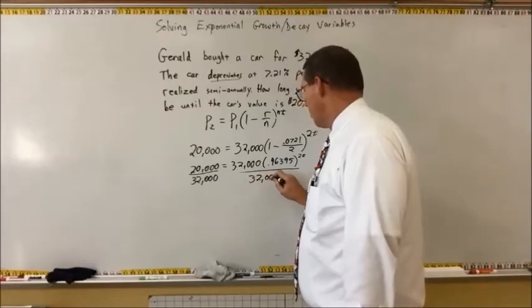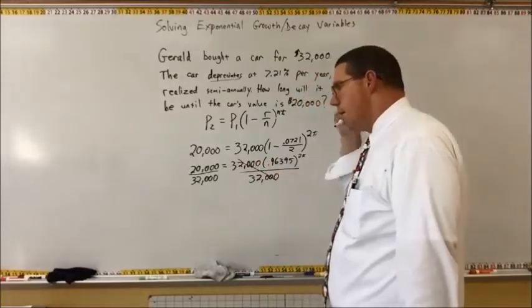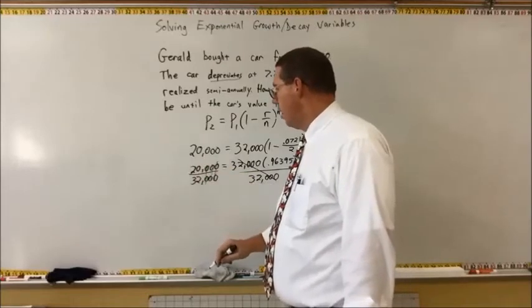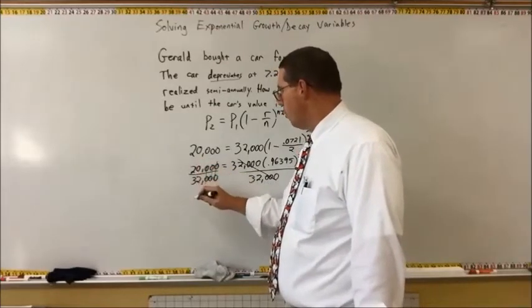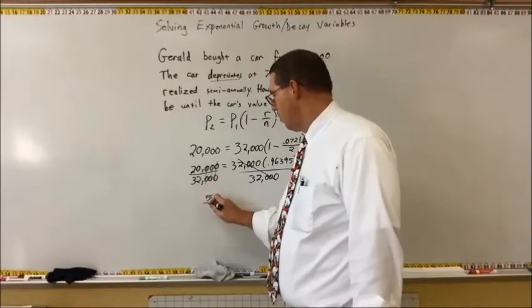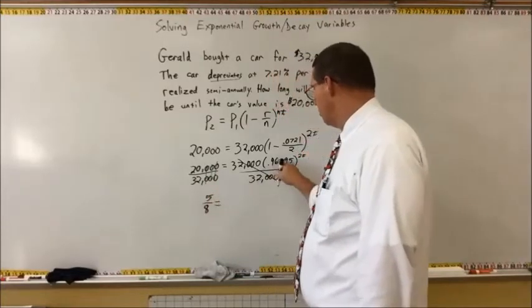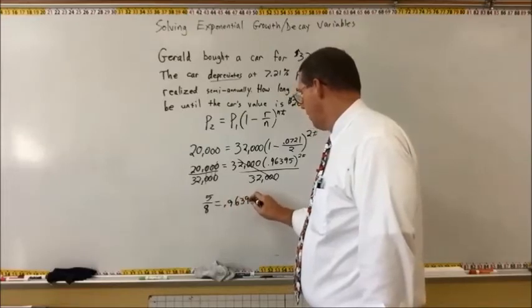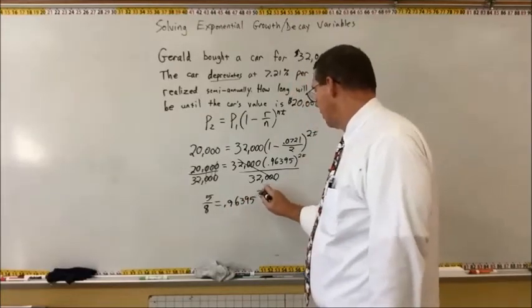Over here it's going to cancel. On this side, it's going to become 20 over 32, which reduces to 5 over 8. So I got 5 over 8 is equal to 0.96395 to the power of 2t.